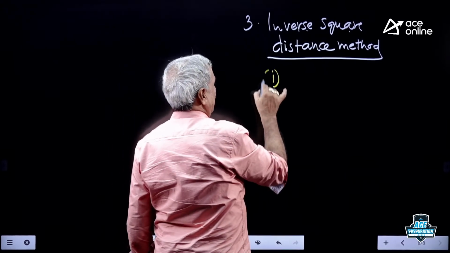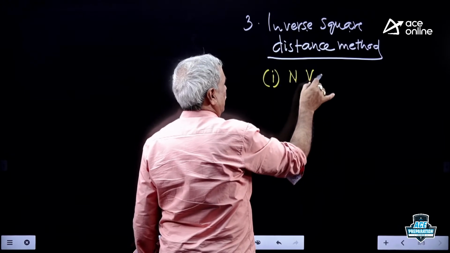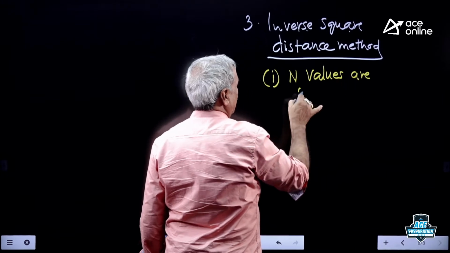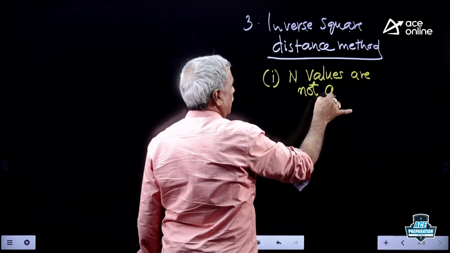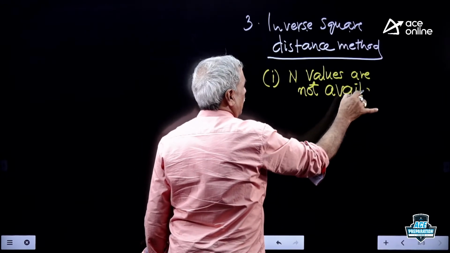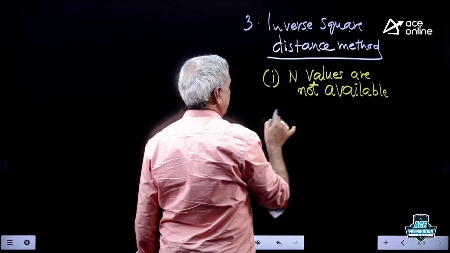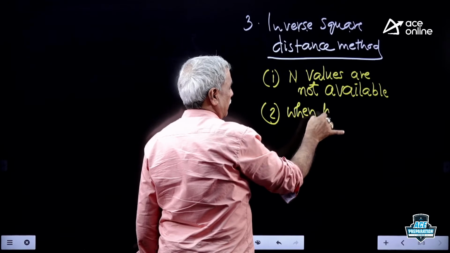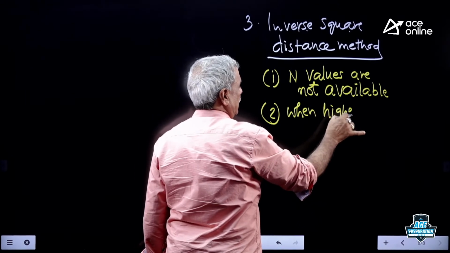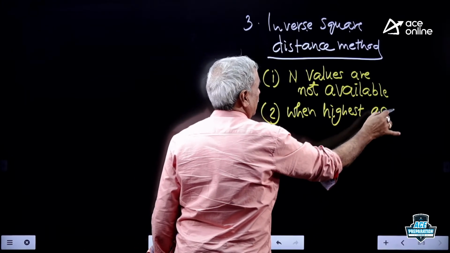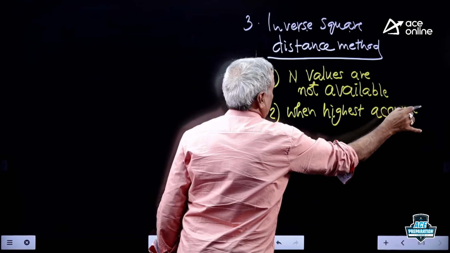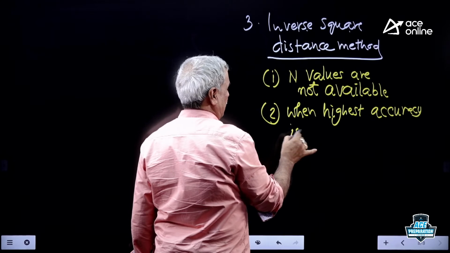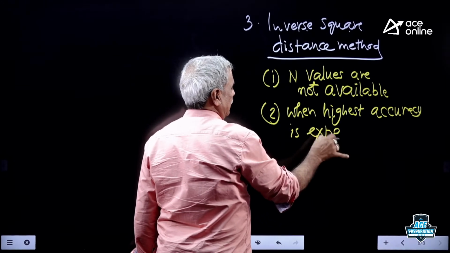Number 1, when N values are not available, or otherwise when highest accuracy is needed. Highest accuracy in the interpretation of the missing rainfall data is needed.